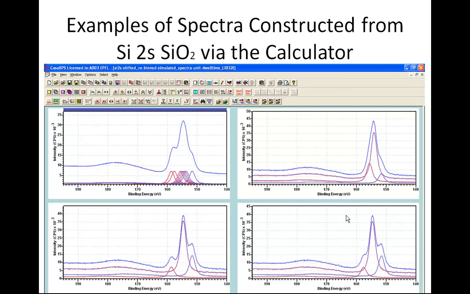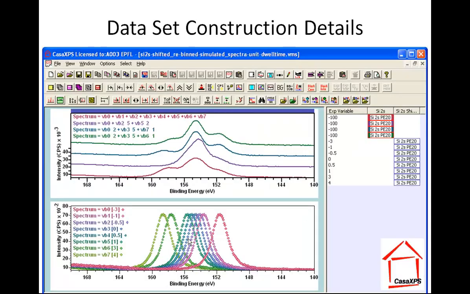So these are all examples of spectra that were used as part of this analysis, and this is an example of the data file that was used and constructed to make these different data envelopes, and these are the spectral shapes and hence how the line shapes could be determined that would fit these data.